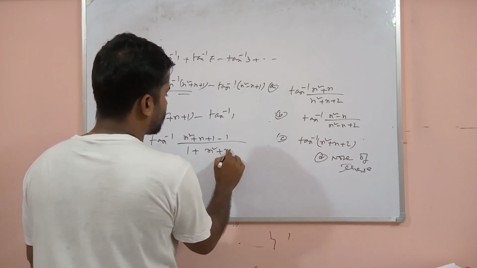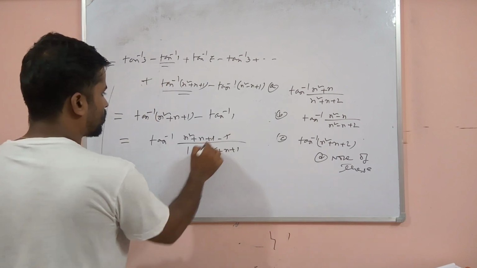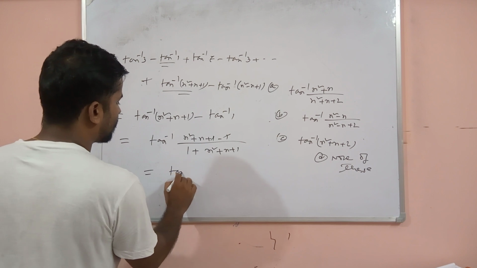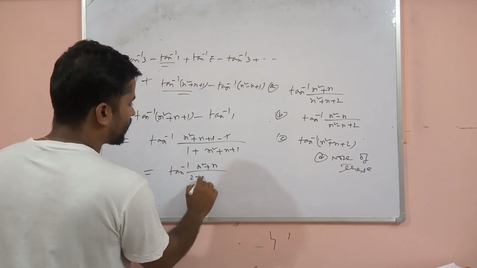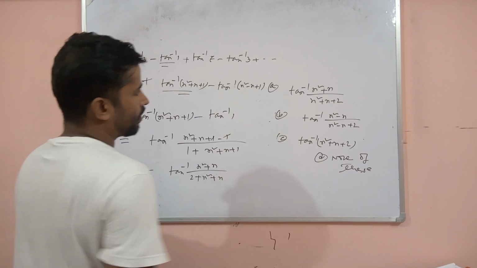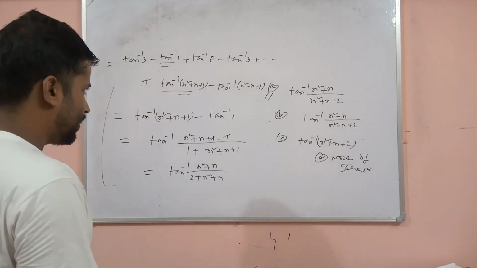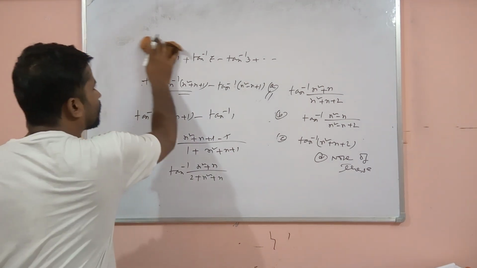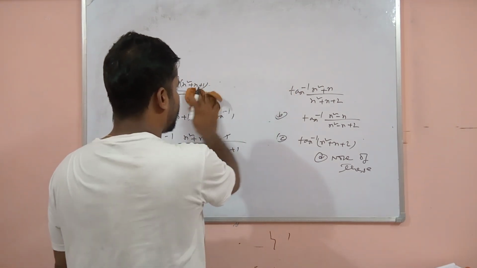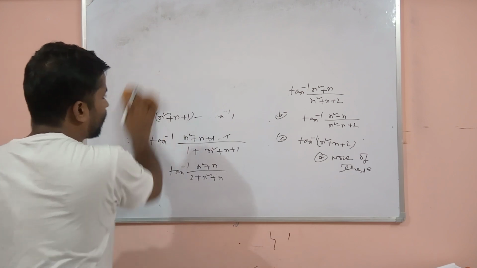So finally, this 2 is cancelled. Final answer is tan inverse of n square plus n by 2 plus n square plus n. So it is matched with option A. So the appropriate answer is option A. So far I have done 5 questions.